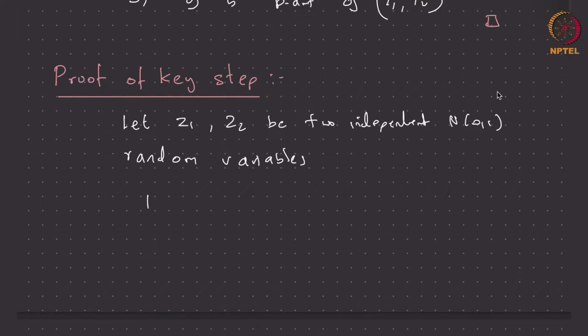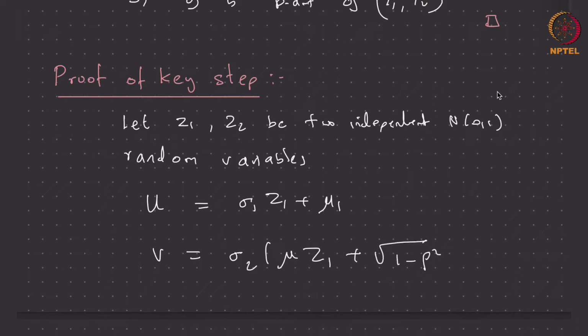So I'll take U to be equal to sigma 1 Z1 plus mu 1, and V to be equal to, it's a little complicated, sigma 2 times rho Z1 plus square root of 1 minus rho squared Z2, plus mu 2.